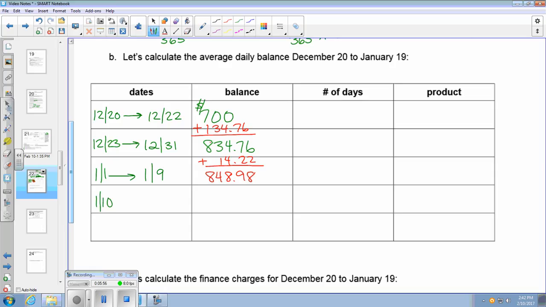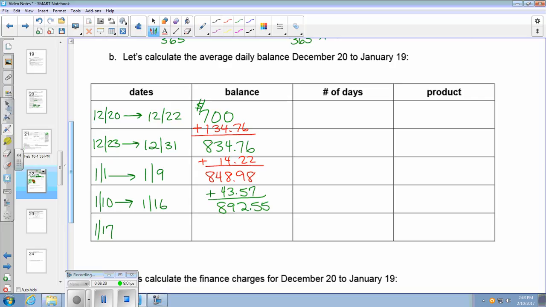On the 10th, we spend some more money. So we buy, what was it, $43.57 worth of gas. You can double check up above if you've forgotten. Gives us a new balance of $892.55. And we carry that through to the 16th, because on the 17th, we make a payment.